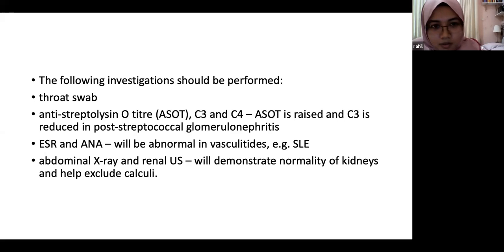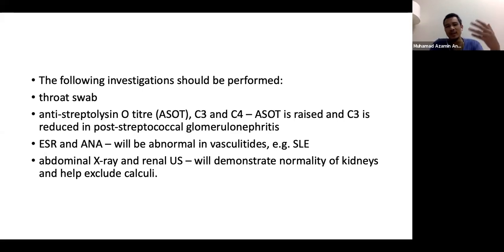I think it's possible because ASOT will decrease after 6 weeks. Okay. But normally you develop glomerulitis within 1 to 2 weeks after the infection. So if you develop nephritis 6 weeks after that, it's not that typical.